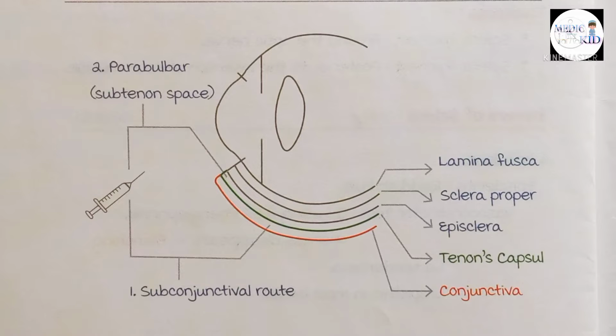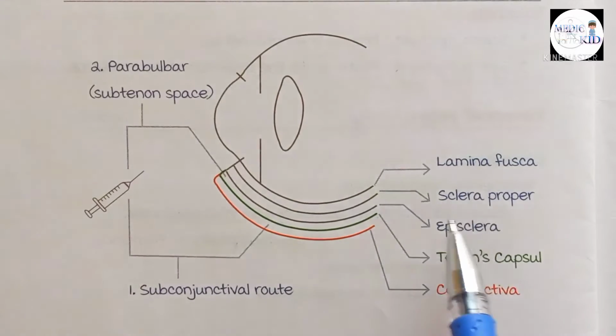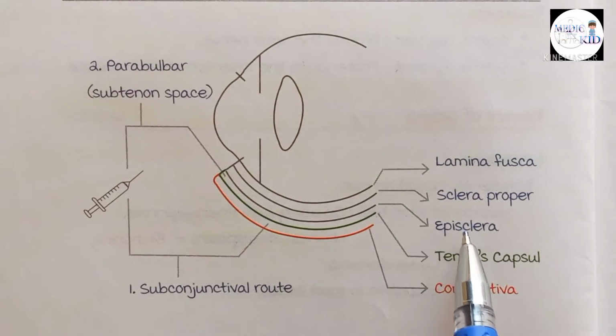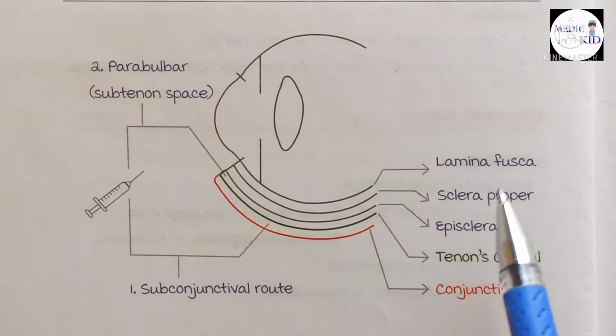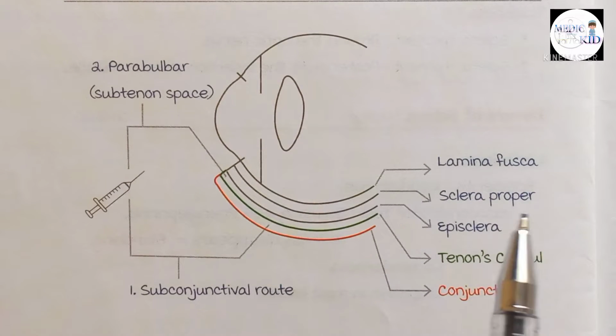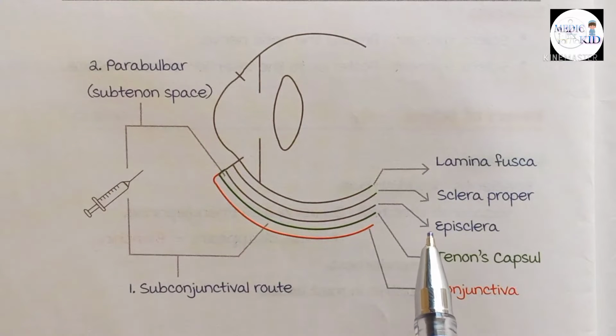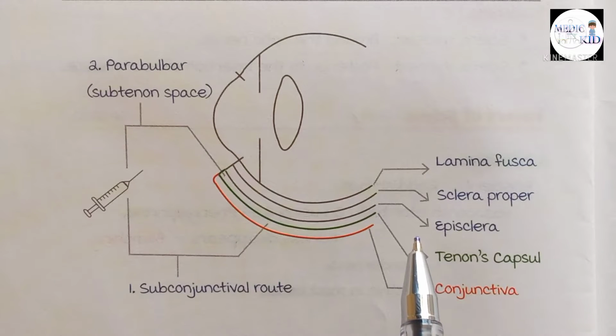Now let's talk about the pathology of the layers of the sclera. When there is an infection, it may involve the episclera, the sclera proper, or the lamina fusca also. When there is an infection, there will be inflammation.